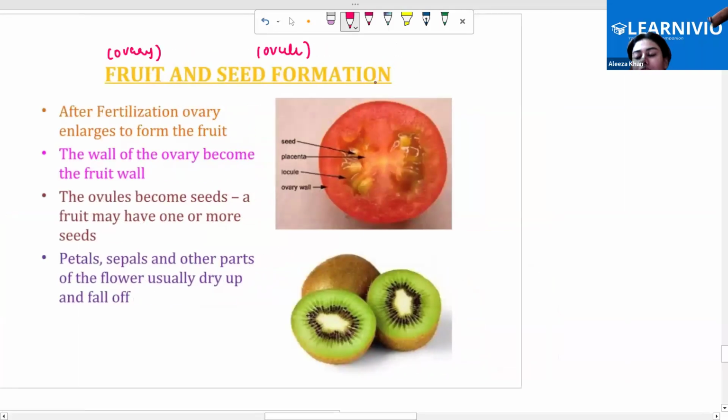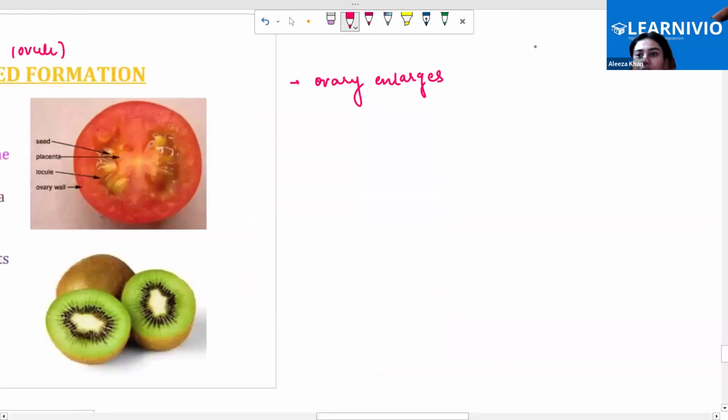Zygote further develops into embryo and embryo further develops into the seed. So what happens in the case of fruit? In this case, ovary enlarges to form fruit.